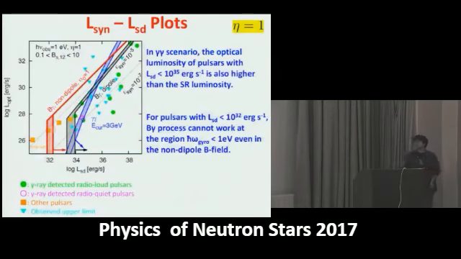This is the result for optical. Results are very similar to X-ray, but we emphasize that for 0108, if this luminosity comes from this pulsar and is non-thermal, the emission is not synchrotron radiation, because the photon energy level at the magnetic percolation region is much higher than 1 eV.